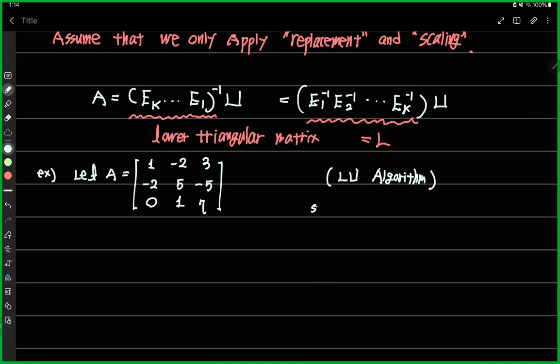Step one is to reduce matrix A to an echelon form, the U. So U is an upper triangular matrix. That's an echelon form, right? By elementary operations.